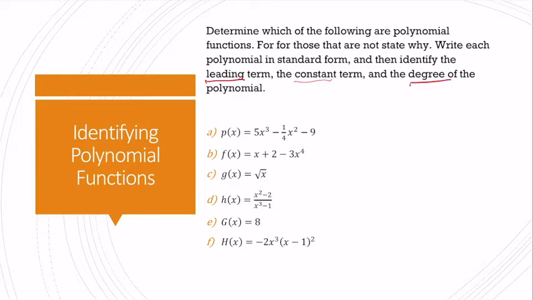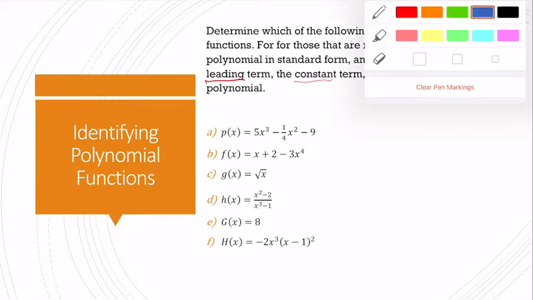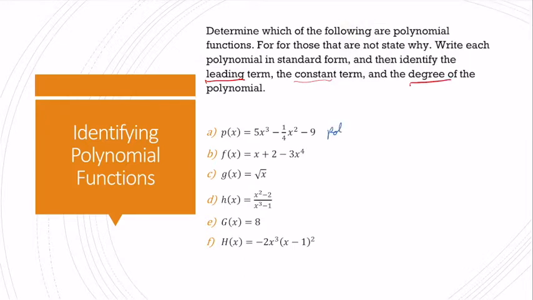So let's take a look at polynomial A. I have p of x equals 5x cubed minus 1/4 x squared minus 9. This is indeed a polynomial. Its leading term is 5x cubed. Notice when I say leading term, we're talking about the entire term, not just its leading coefficient.